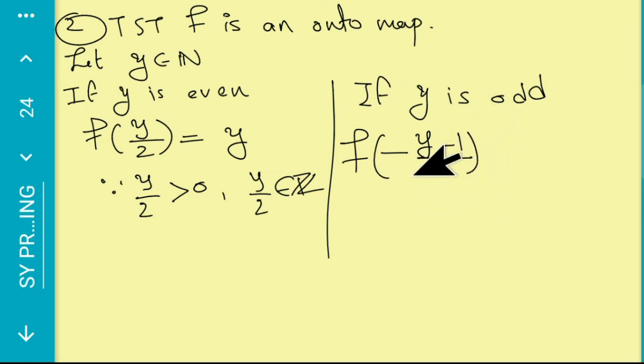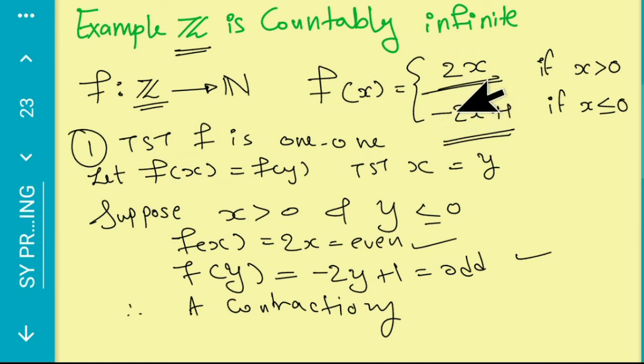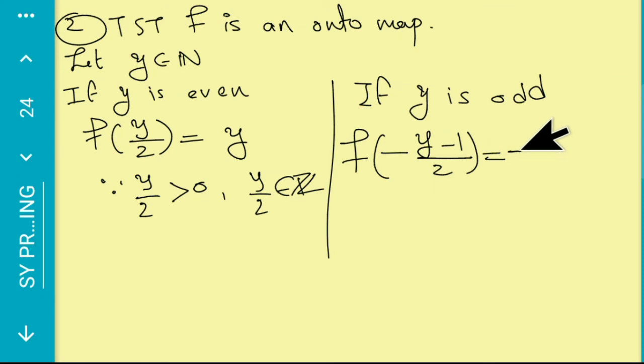If you consider this, since it is a negative integer, where will it get mapped? By the definition of my map, it gets mapped to minus 2 times that element plus 1. So it is minus 2 times that element, minus of y minus 1 by 2, plus 1. So that is the same as what? The 2 will get cancelled, minus minus.